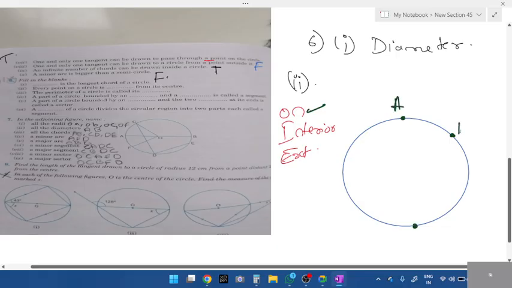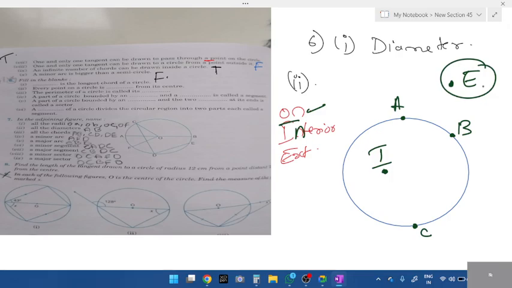I'll name them point A, B, C. This is on the circumference. Interior means inside. I'll keep a point here and name it I, interior. For exterior, I'll keep a point outside the circle and name it E. These are the three types of names you have to remember for points: on the circle, inside the circle, outside the circle; interior, exterior.